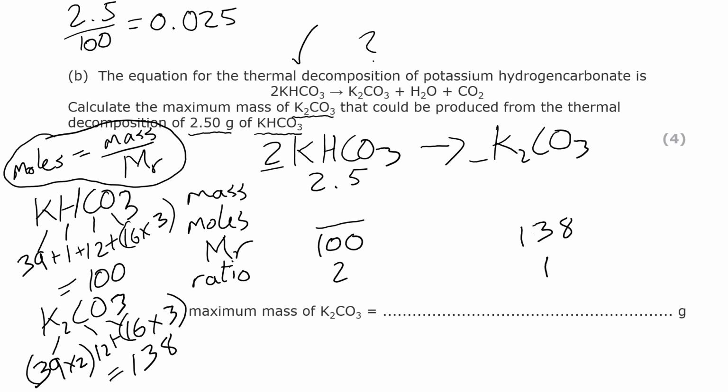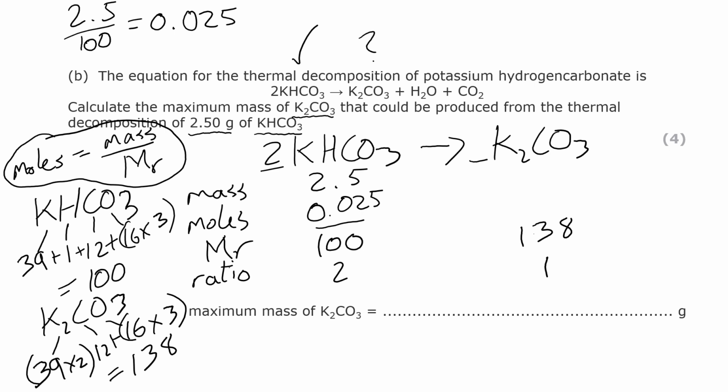So let's pop that into our table. Right, so I've got all the information for KHCO3, and then I need to just transfer across and work out that same information for K2CO3.